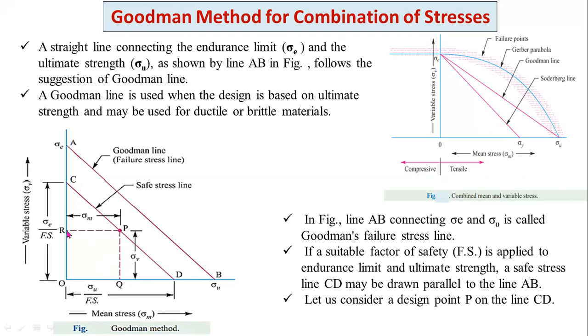The length from R to P is sigma m, the mean stress, and the height of point P from the x-axis is sigma v, PQ equal to sigma v. By using these two relations I am going to derive an expression.